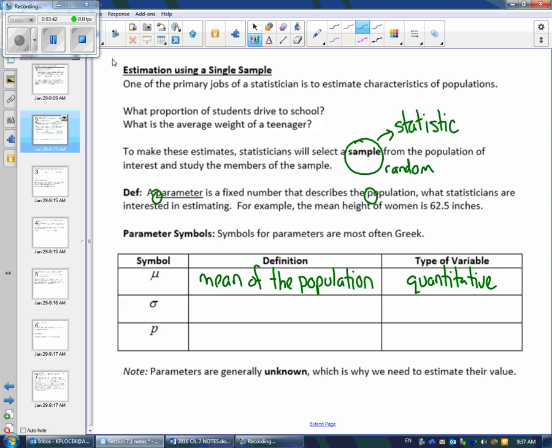It's the standard deviation of your population. The type of variable, again for now, it's just quantitative.